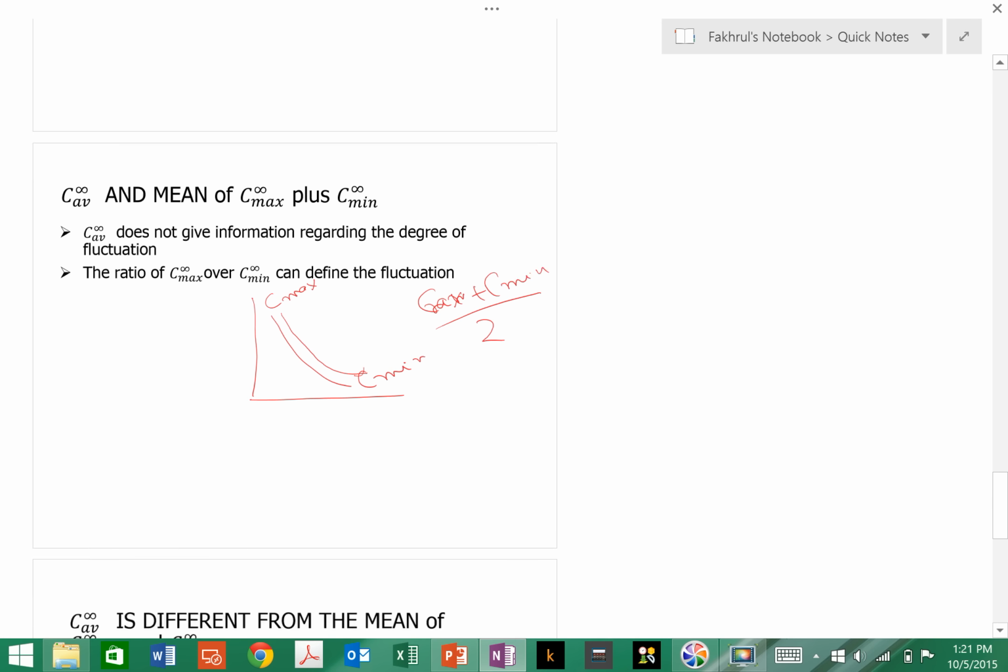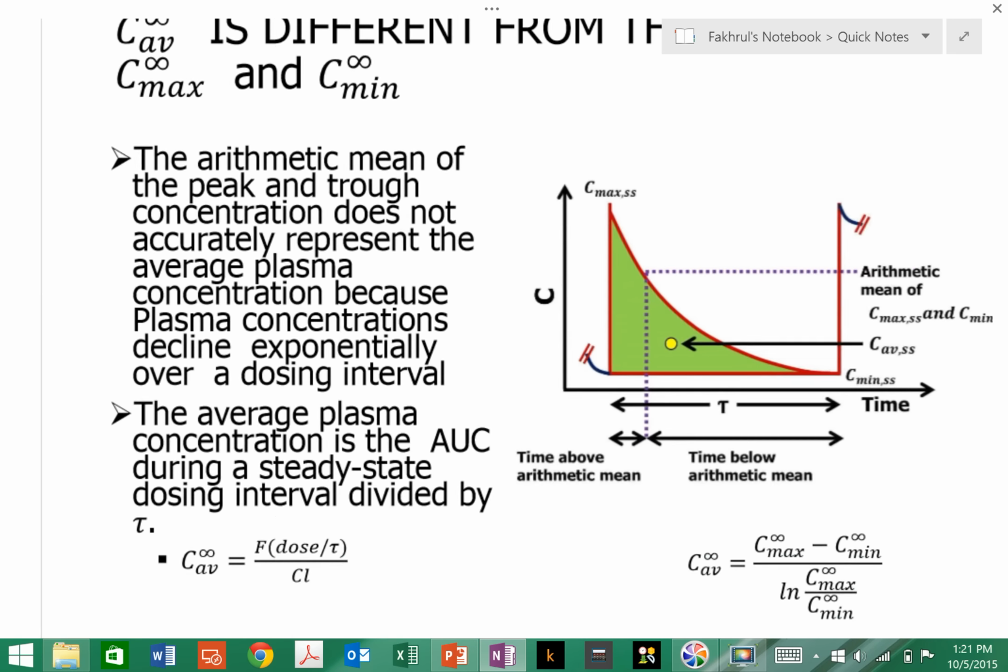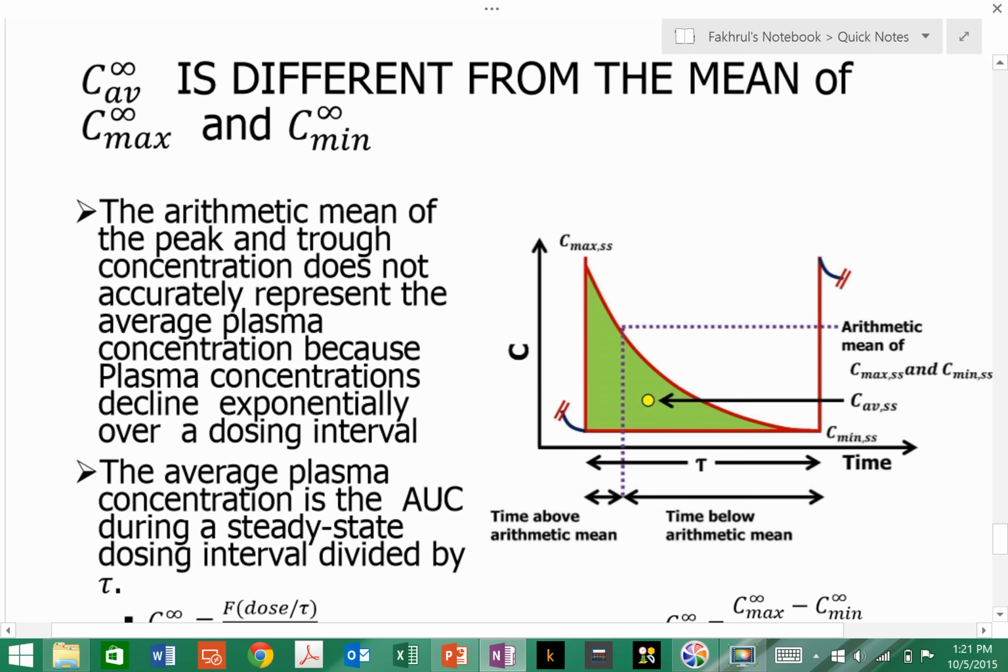If you go back to this, you see, this is your Cmax at steady state, and this is your Cmin. If you take the arithmetic average, your arithmetic mean would be here, but your real C average is down here, because during this time drug concentration will continue to fall. So arithmetic mean is not going to give you the exact average.